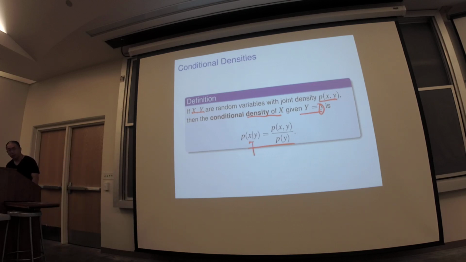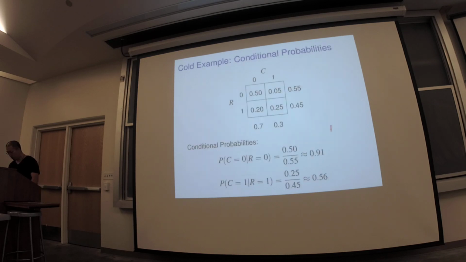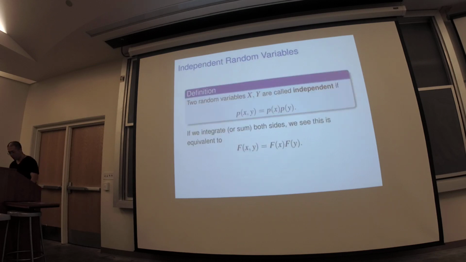This notation is defined as P of x given the random variable y equals this. According to the definition, the probability of C=0 given R=0 is the joint probability of C=0 and R=0, which is just this element, over the marginal probability of R being 0, which is this one.